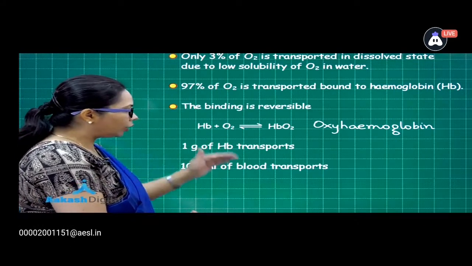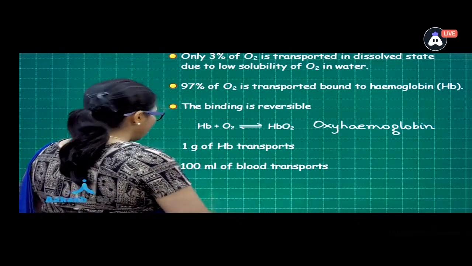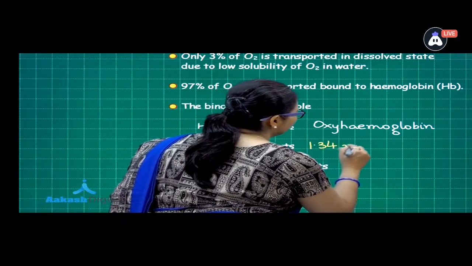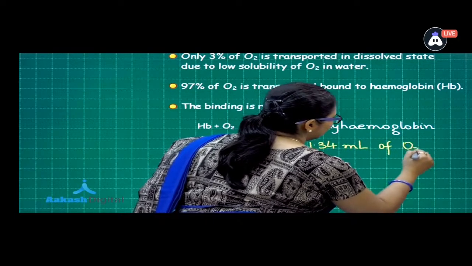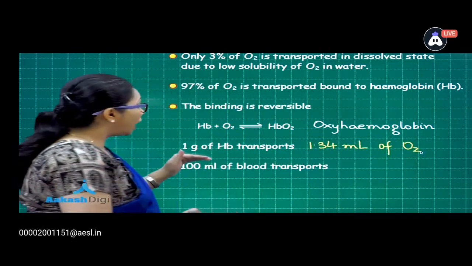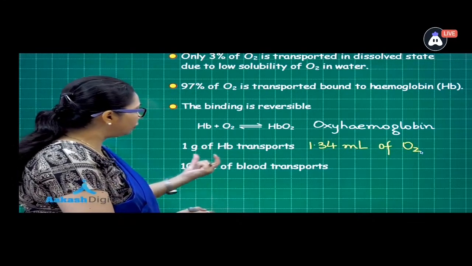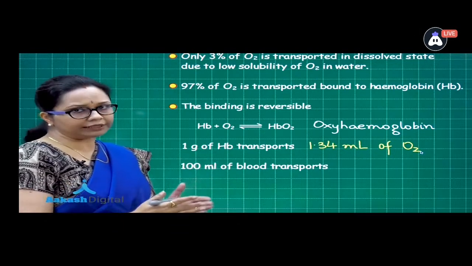Now there are certain calculations we can do. 1 gram of hemoglobin transports 1.34 ml of oxygen. Hence 100 ml of blood will transport... Now we have to know how much hemoglobin is present in 100 ml of blood. That is about 14 to 16 grams.